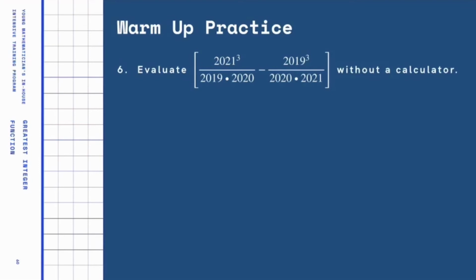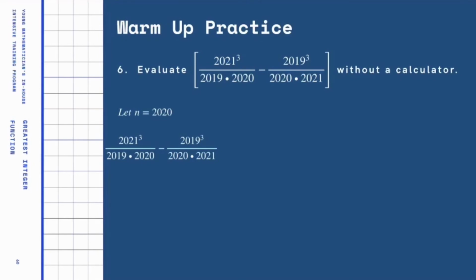Alright, so instead of actually evaluating these big numbers, we can let a variable be one of the three numbers. You can have it as the smallest number, but as for me, since there are three consecutive integers, I usually let the middle number be n, so as to have some symmetry in our expression.